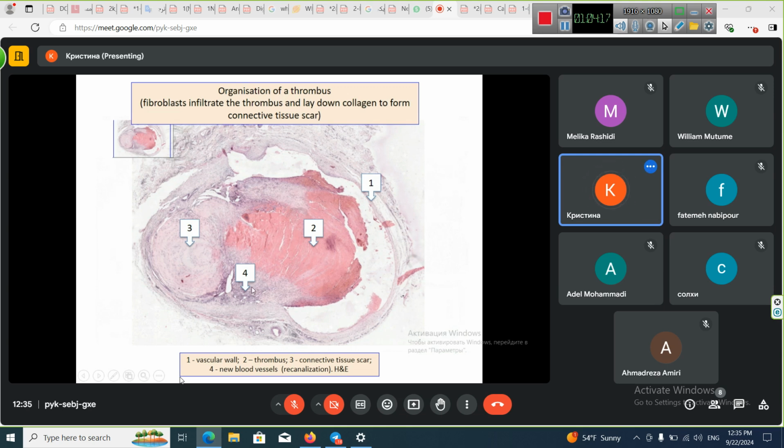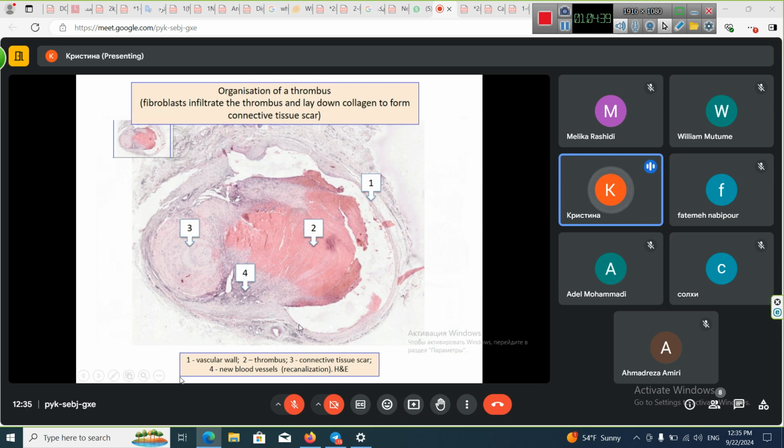Number four shows the process called revascularization and recanalization. It means that new blood vessels appear inside the thrombus.